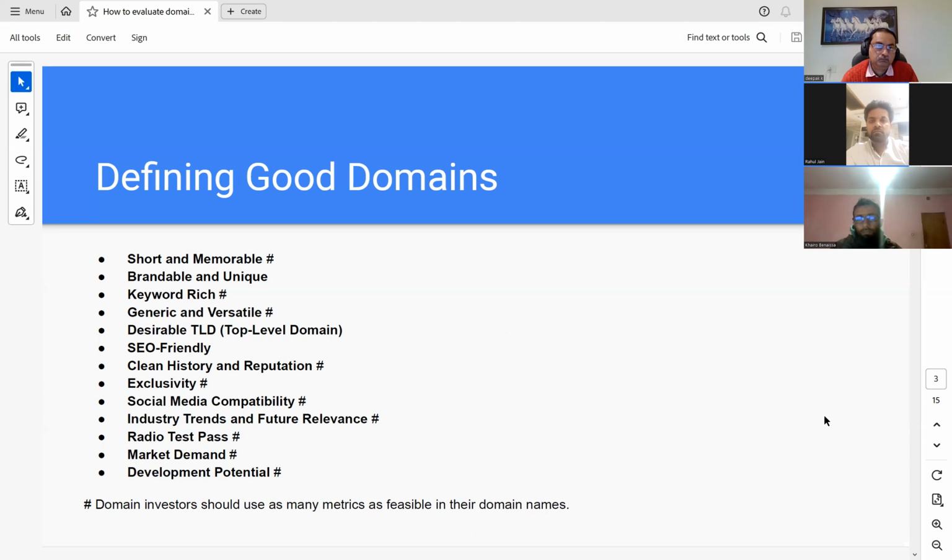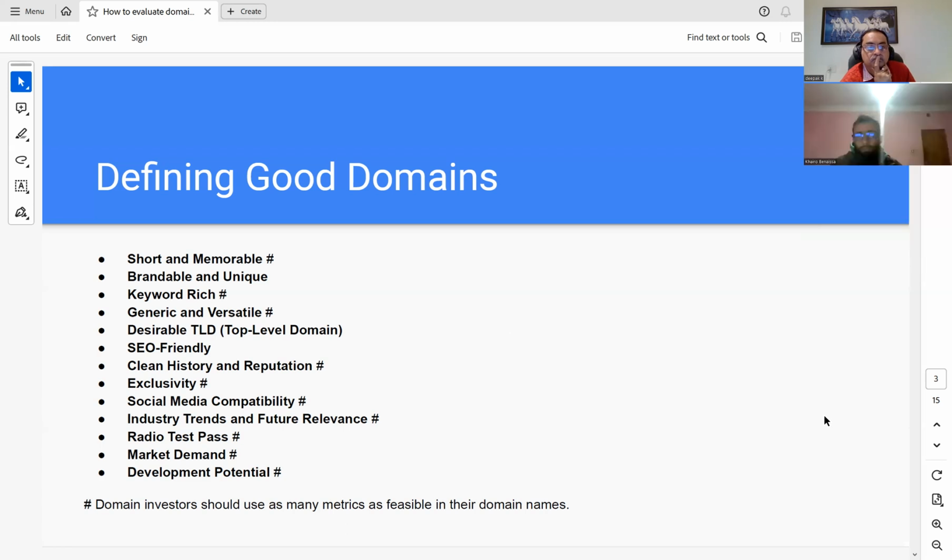Like if I talk about a dentistry-related domain or ortho-related domain, whether it is a 2 or 3 word domain, that particular domain should have those category keywords in it, like ortho, dentist, travel, holiday, vacation, etc. But it doesn't apply to brandable domains.